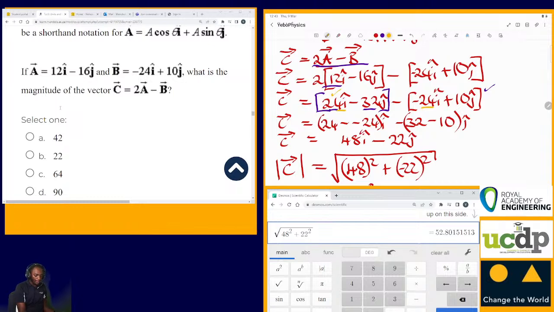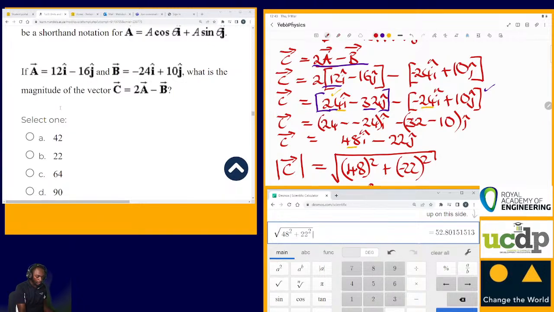So that becomes 24 minus negative 24. We'll get a 48 there. Then we have the j component. We have negative 32.